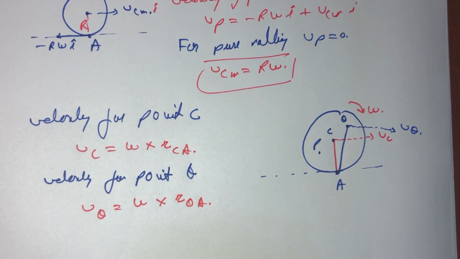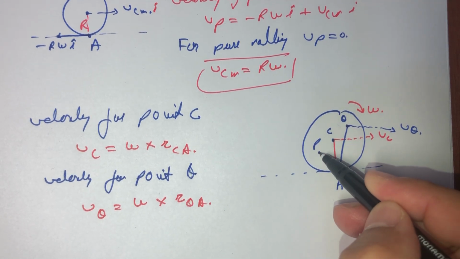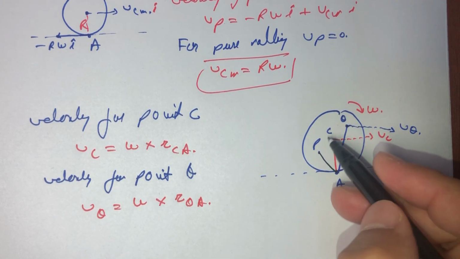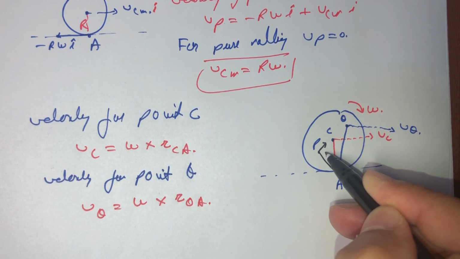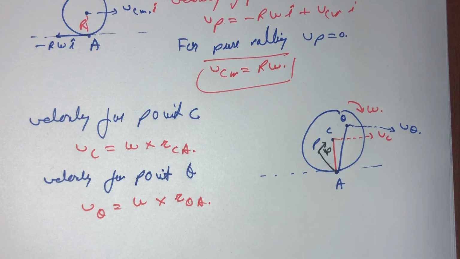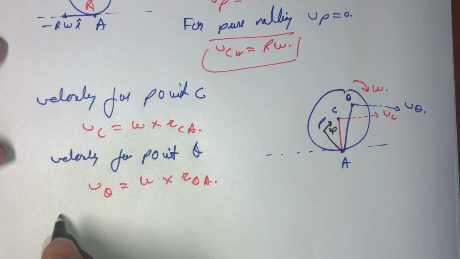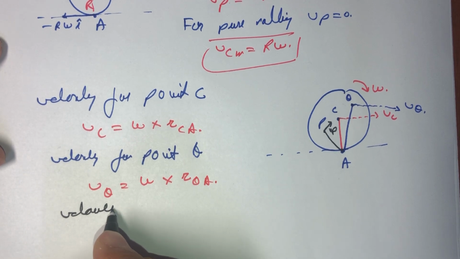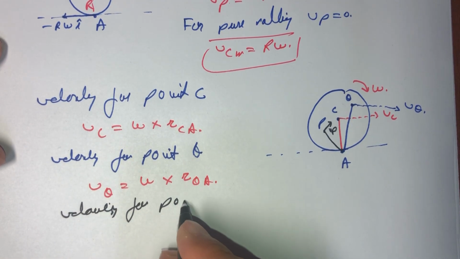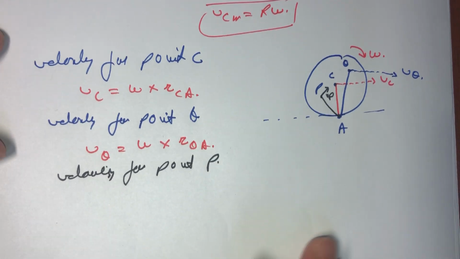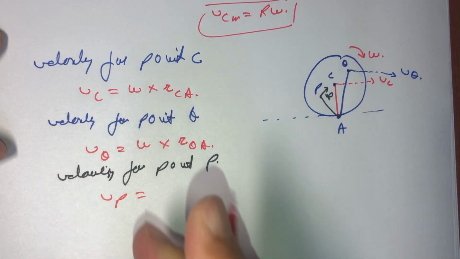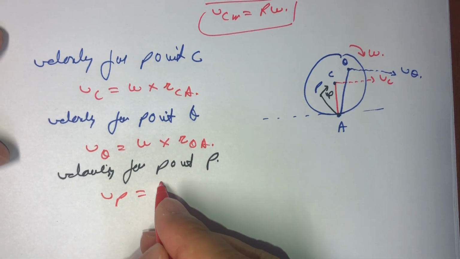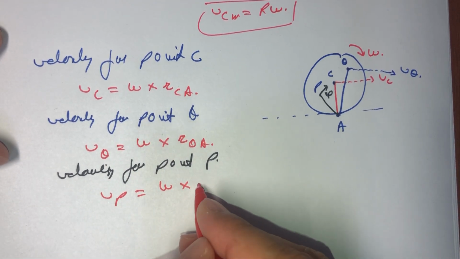Similarly, we have point P, and let us join P and A and draw the velocity vector perpendicular to this, in this direction, which will be our VP. So VP is equal to omega multiplied by the distance RPA.